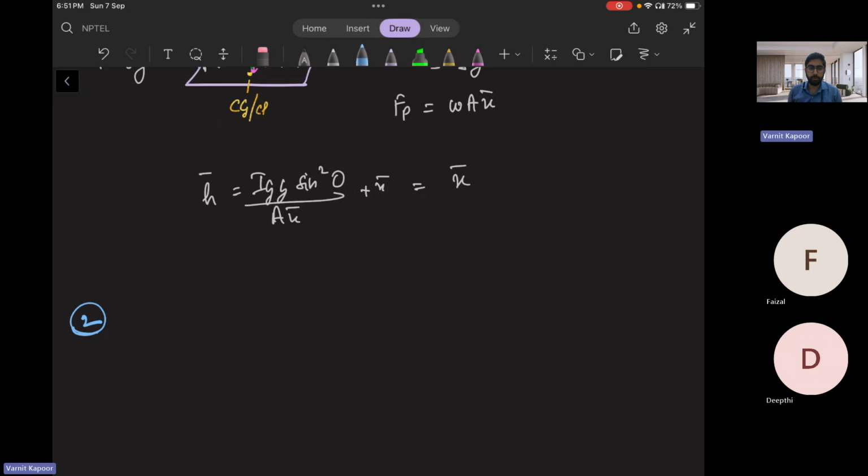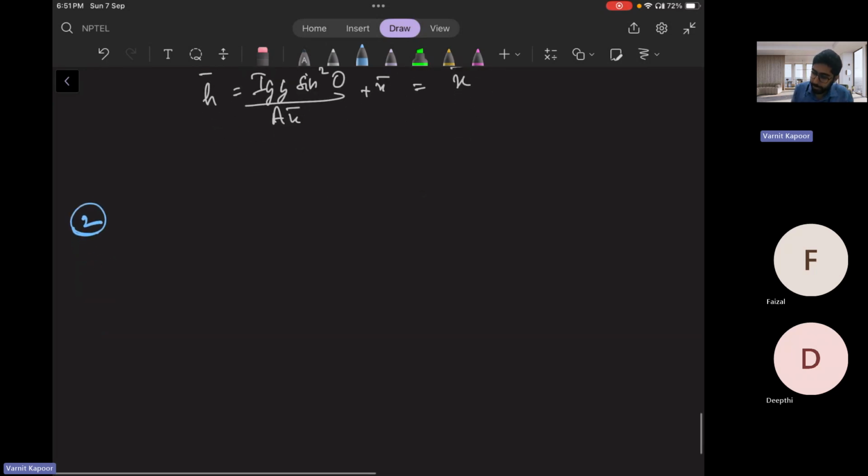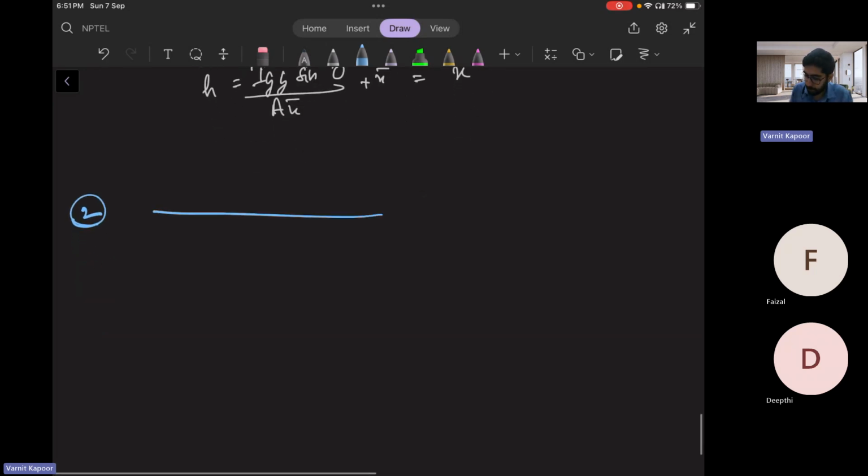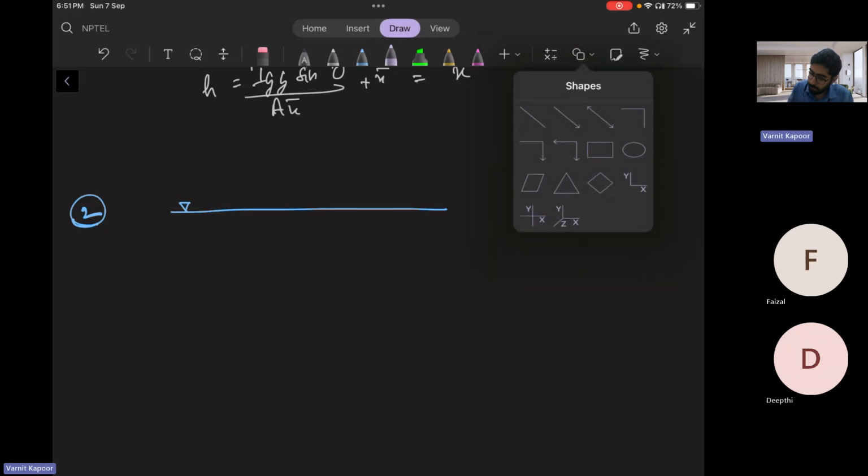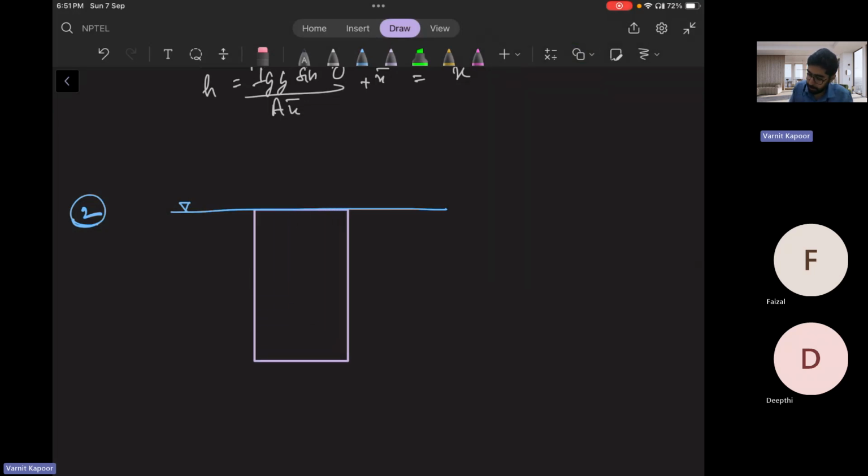Let us do a vertical flat surface. So again, this is your plate like this kept here. Okay. So center of gravity will be somewhere here, and center of pressure will be somewhere here.